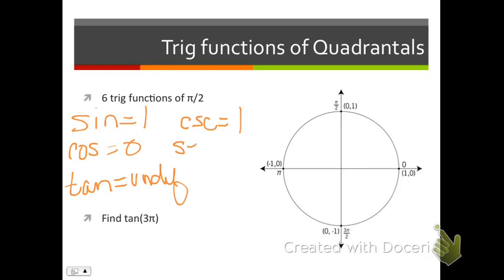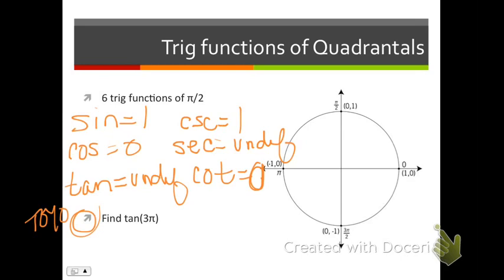Cosecant is also 1 over 1. Secant would be 1 over 0. That's undefined. And cotangent would be the reciprocal of undefined, which, just like you saw in cosine and secant, is 0.